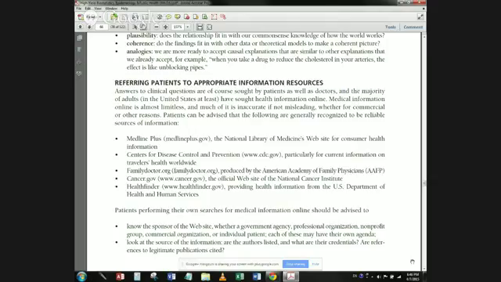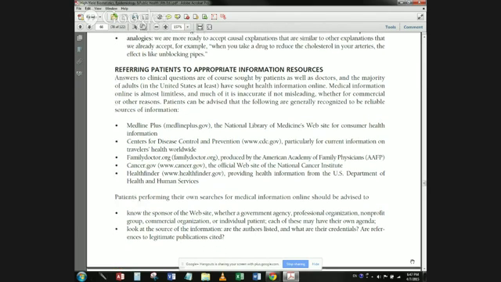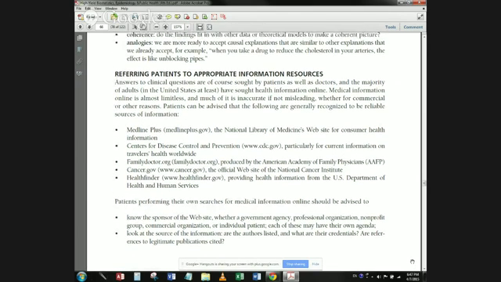Patients performing their own searches for medical information online should be advised to know the sponsor of the website, whether a government agency, professional organization, nonprofit group, commercial organization, or individual patient. Each of these may have their own agenda. Look at the source of the information. Are the authors listed? And what are their credentials?